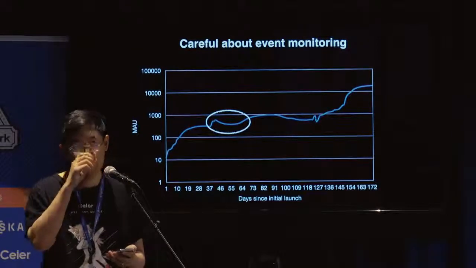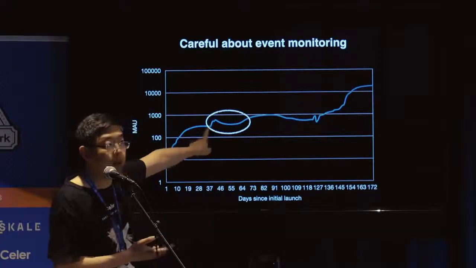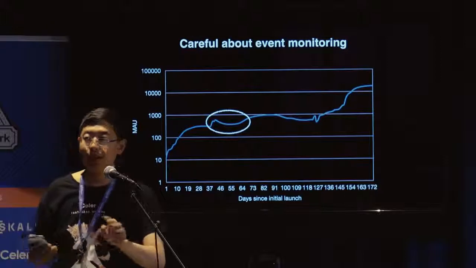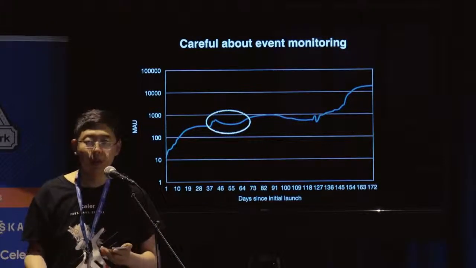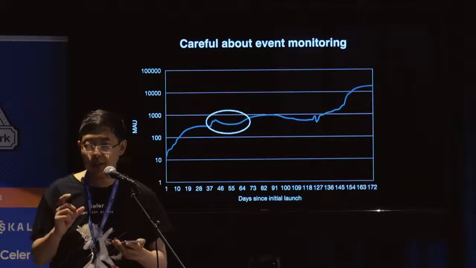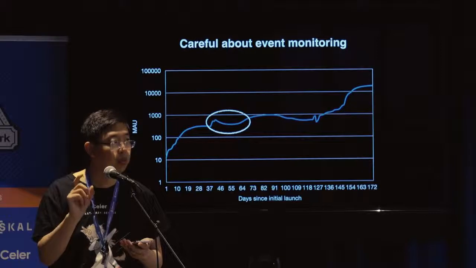Once we started to scale up users, and here we launched on the WeChat platform, right? Remember, WeChat is this Chinese platform where people can go and download stuff. It worked for a very small amount of time, the connection to Infura.